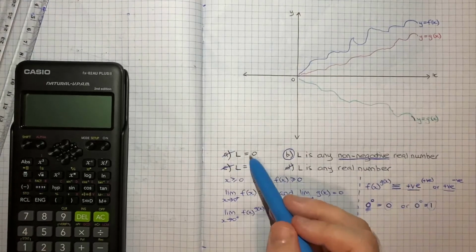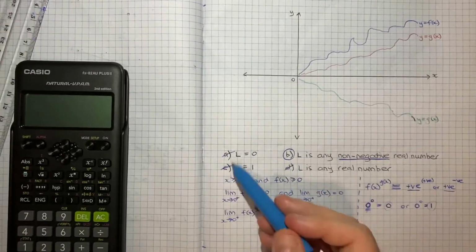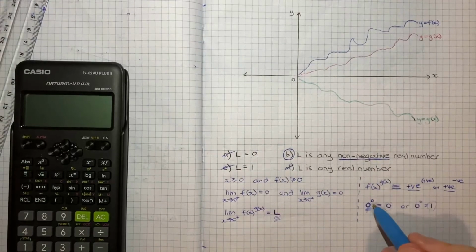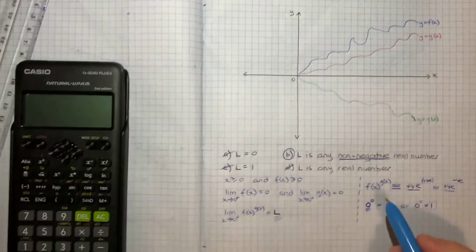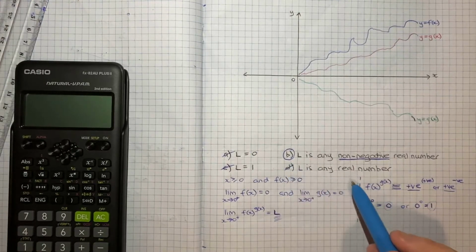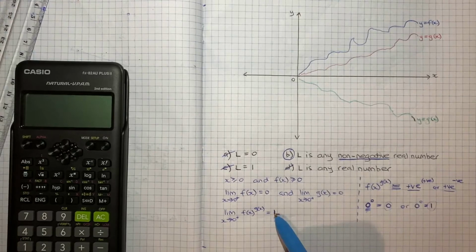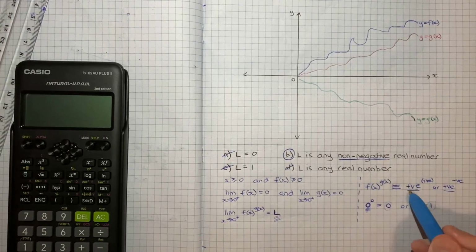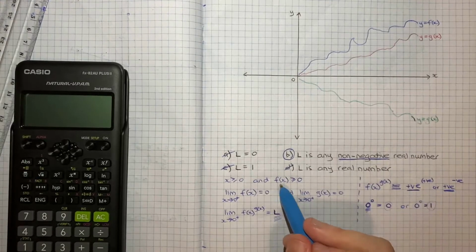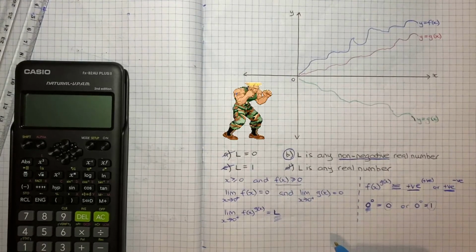We're not going to get 0 or 1, and the way you can think about it, whether it's right or wrong or controversial, is just to go 0 to the 0 is undefined in the context of limits. And then it becomes a fairly simple choice: can this limit be negative? And the answer is no, because the base is always a positive number. f(x) is always greater than or equal to 0.